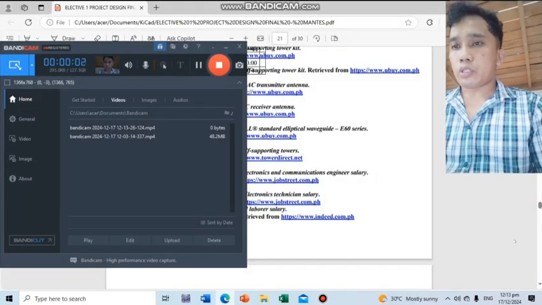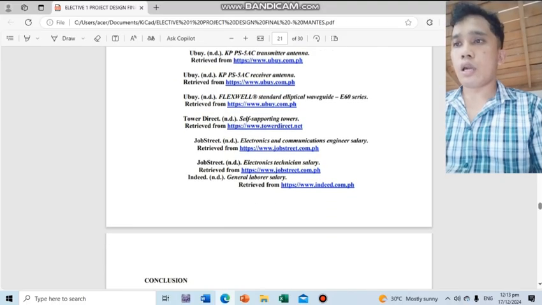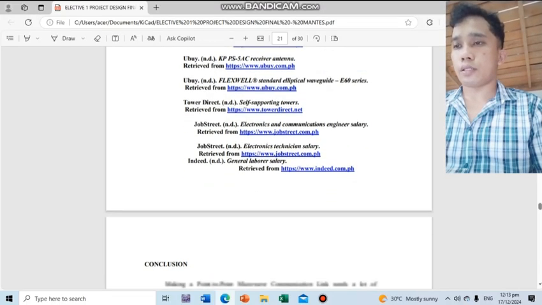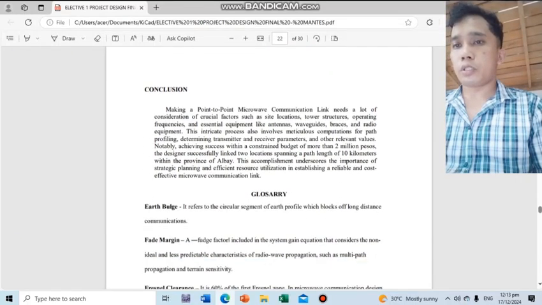For the conclusion, making a point-to-point microwave communication link needs a lot of consideration of crucial factors such as site location, tower structure, operating frequencies, essential equipment like antenna, waveguide, and radio equipment. Also, the prices need to be budgeted in order to continue this project.